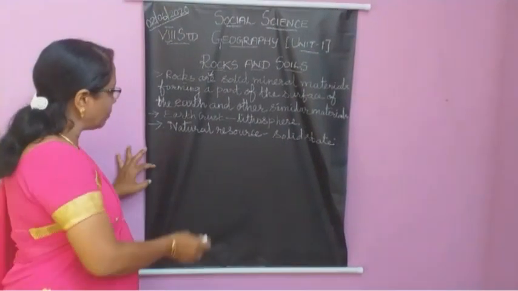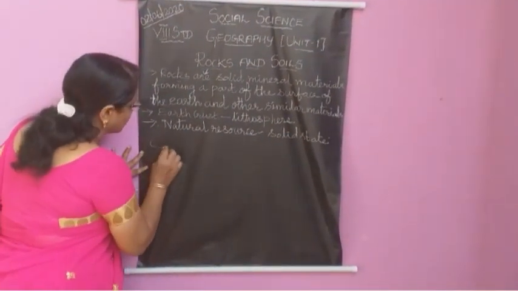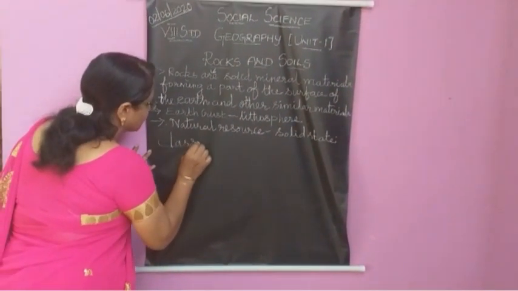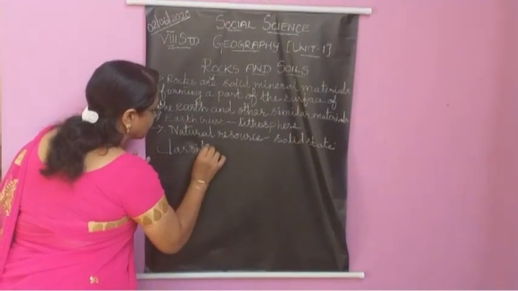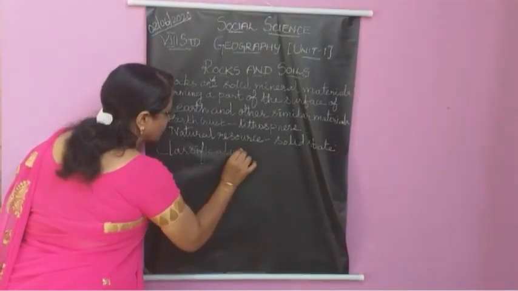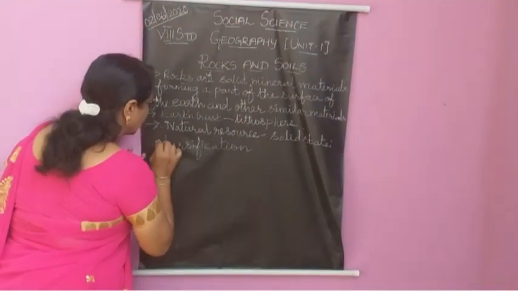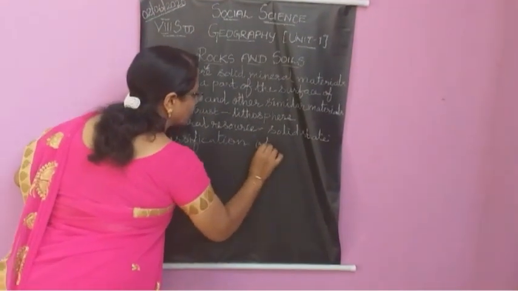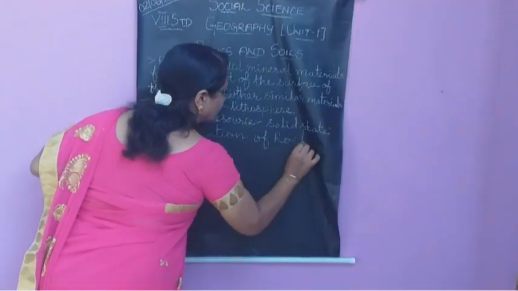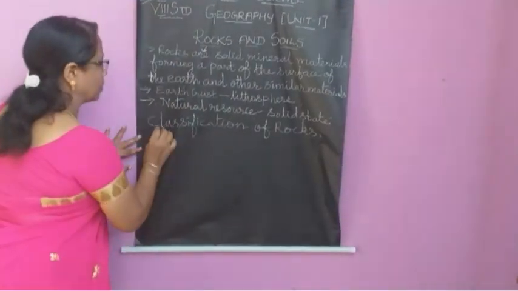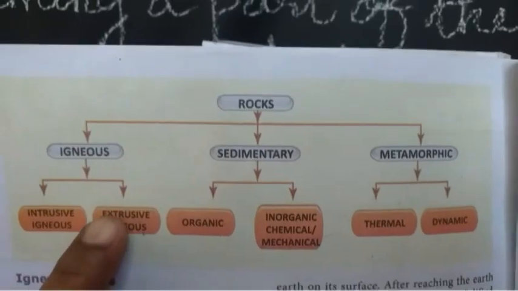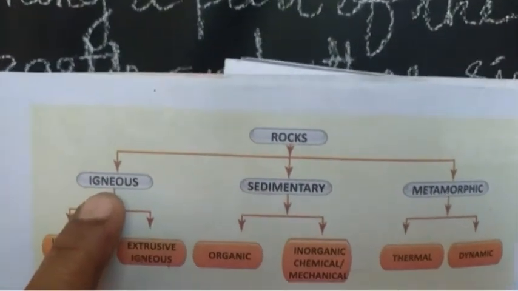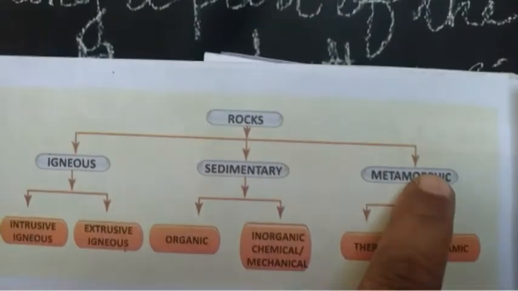Now we will see about the classification of rocks. Rocks are of three types: igneous, sedimentary and metamorphic.